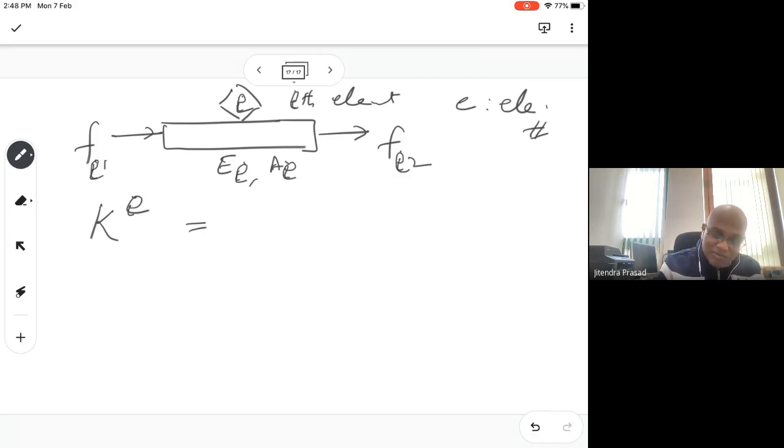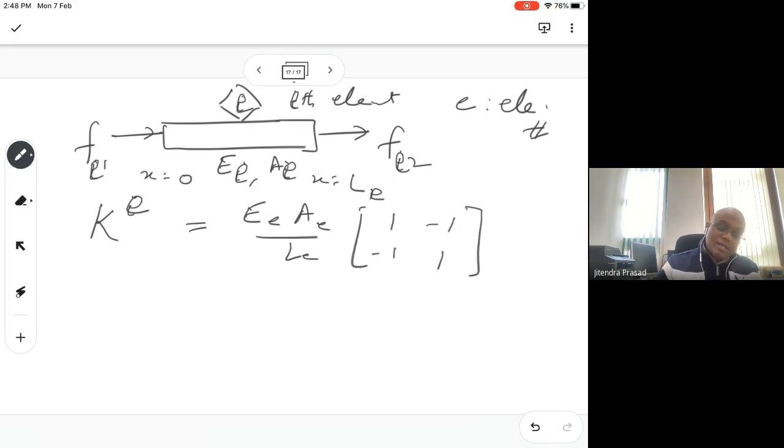You can do the same as before, with N1, N2, and all those things, and you do everything in a local coordinate system, with x equal to 0 to x equal to Le. The way we have done earlier, Ke will equal EeAe over Le times [1 -1; -1 1], and then you assemble it.